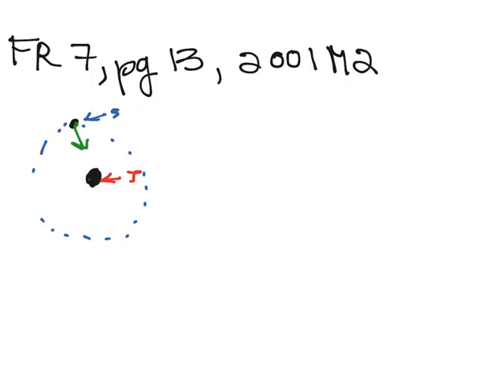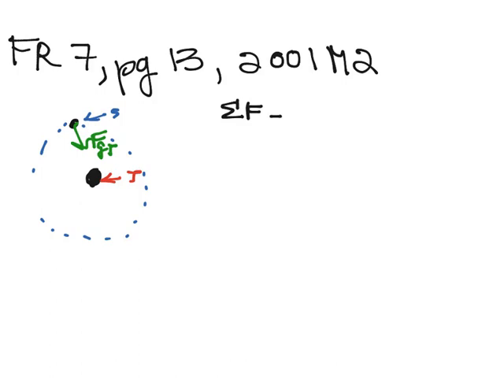So we have F_G,J, the force of gravity from Jupiter on the satellite. Now, because this satellite is moving around in a circle, we know that its acceleration is going to be mv squared over r. So let's go ahead and write out Newton's second law.